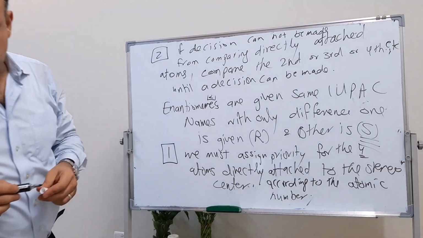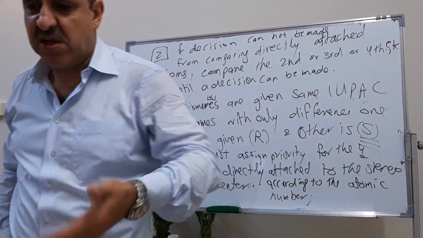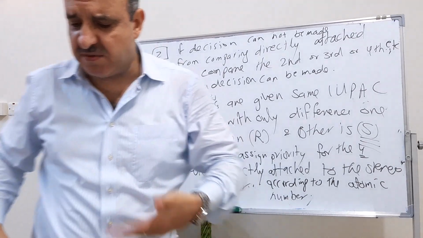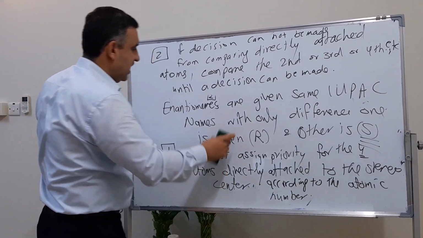So this is the second rule. If we cannot compare the directly attached atoms, then we must compare further until we find a decision. Let's take an example.